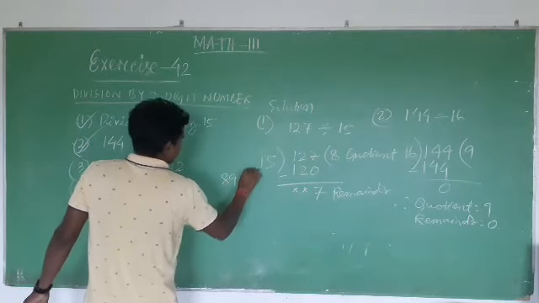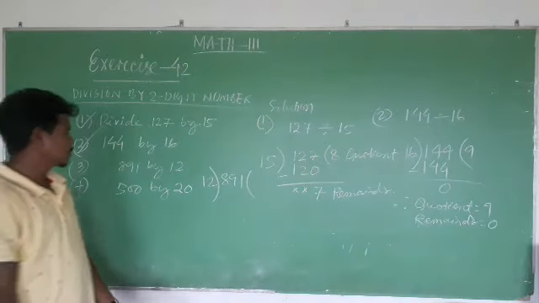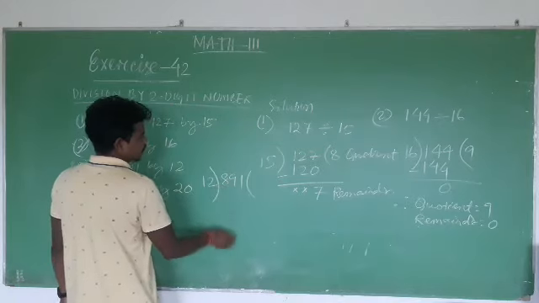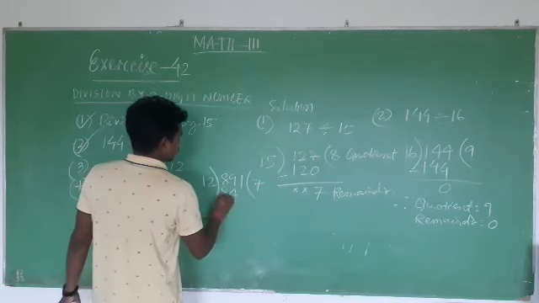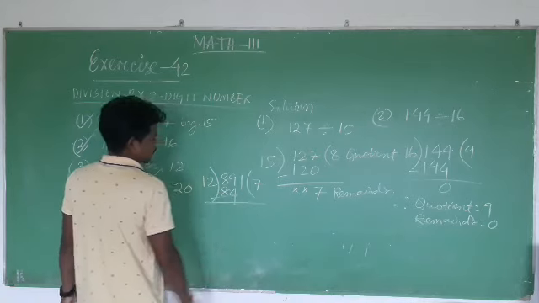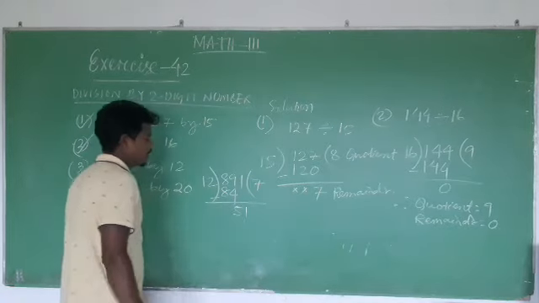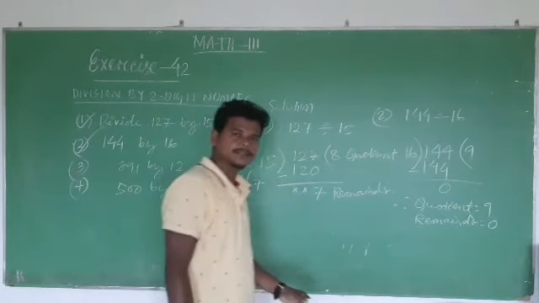891 divided by 12. 891 divided by 12, and yes, it can be 12 7 is 84. Okay, so this is 5 and 1. Next, 12 5 is 60.